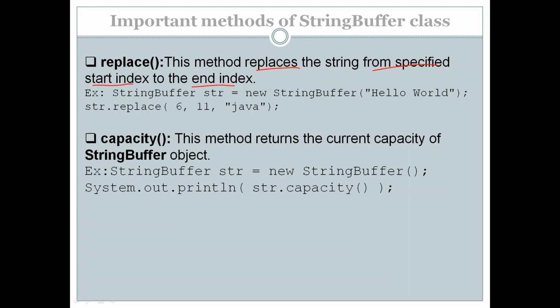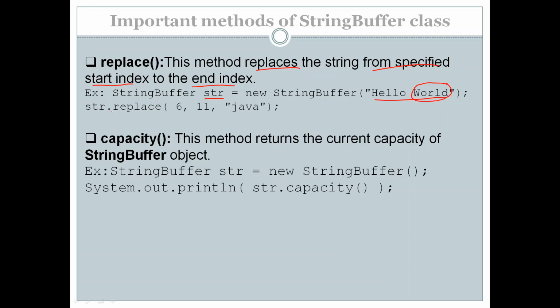For example, consider here we have str having the value hello world. Suppose I want to replace the word world with a new string. Instead of world, I want Java, hello Java. How can I replace that word with Java? By using the replace method.